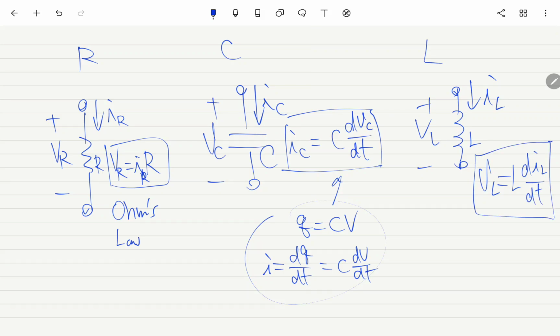We will make use of these three in chapter 31. You can use these with KCL and KVL to write out a linear constant coefficient differential equation, and then we just solve for the response of the circuit.